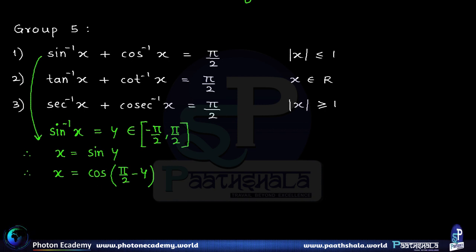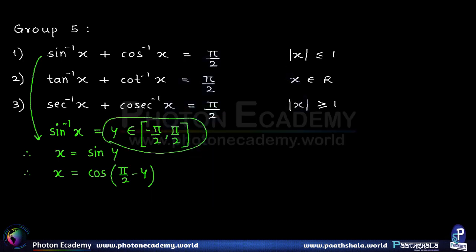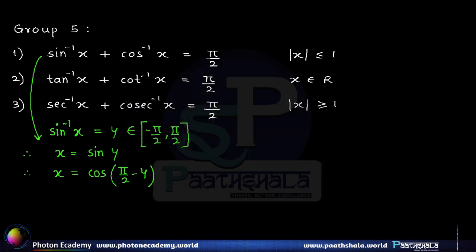Okay? For that, let us look at our original assumption that y is the angle that lies in the principal value branch of minus pi by 2 to pi by 2. So from that y, let us derive where pi by 2 minus y lies. Okay? So we know that y lies between minus pi by 2 to pi by 2, correct?